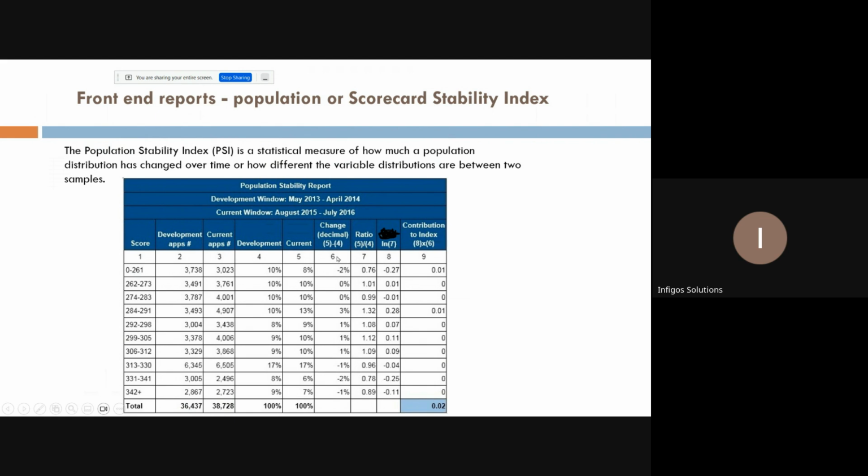It gives us an index, and this index is called the population stability index or score stability index. It is a measure of how similar the current population is to the development population. So we are always going to compare with the development sample. We're not going to look at any other data when it comes to comparison.